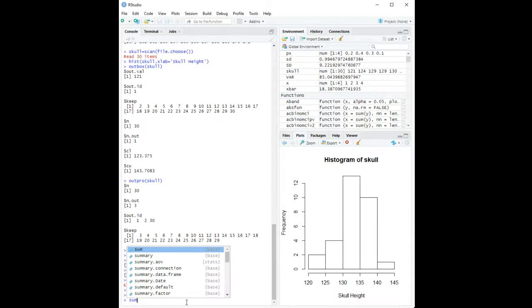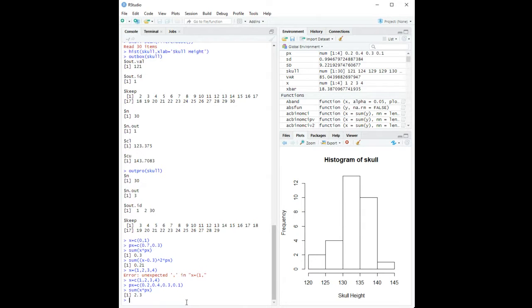Now for that mean, this is how I got confused. That mean is sum of x times the probabilities. Okay, so that gives you the mean. Now the variance, it's this formula.